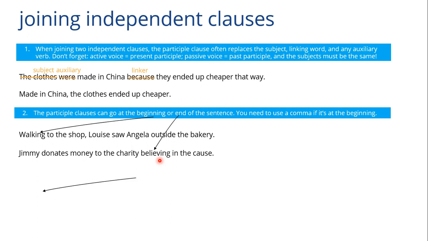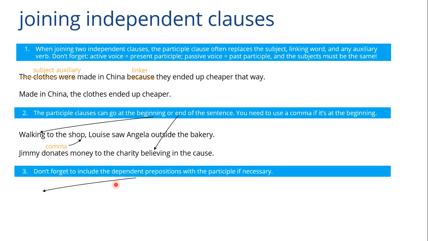At the end of the sentence, you don't use a comma; you use the comma when it is at the beginning. Okay, don't forget to include the dependent preposition with the participle if it is necessary. Made in China: you can put in here, that is the preposition.